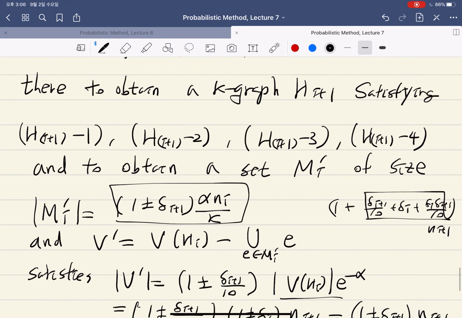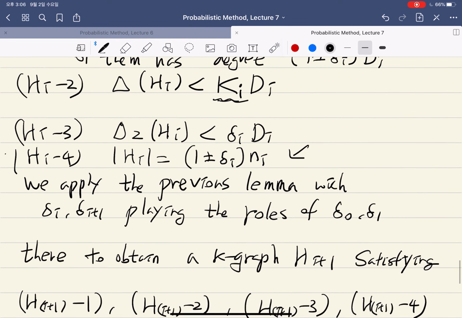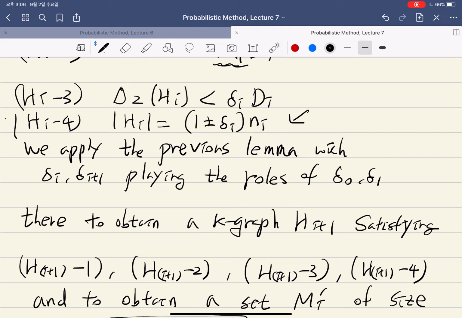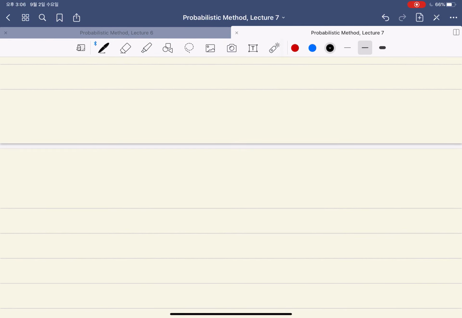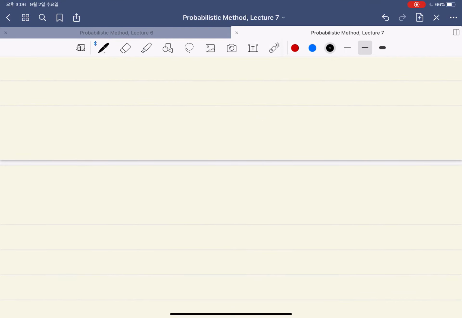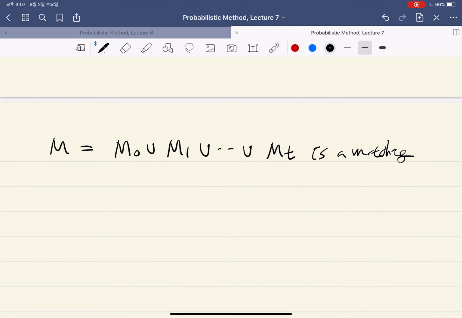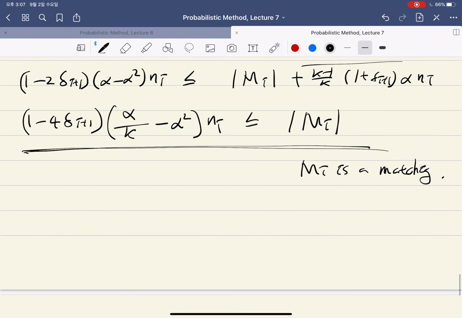So you do this procedure T times. You get H0, H1, H2, and so on, and you get this matching, then H0, H1, up to HT is a matching. And the number of edges in here is at least the summation over I equal 1 to T, and you apply this.